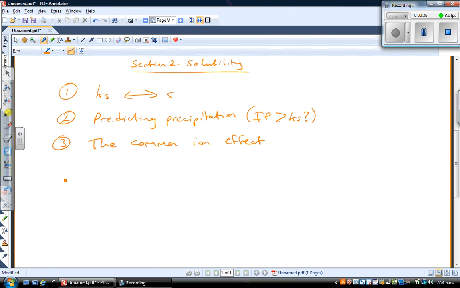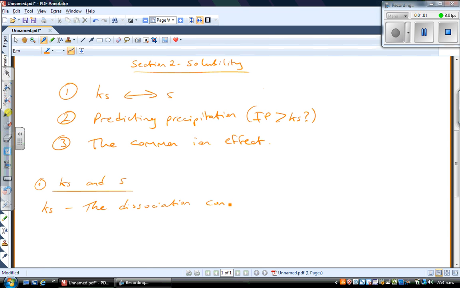So if we just start off with some definitions for Ks and S. So section 1, Ks and S. Well, Ks is known as the dissociation constant for a sparingly soluble ionic compound. So Ks is the dissociation constant. Dissociation. So we're talking about dissociation as opposed to a reaction here. The salt, ionic salt, simply dissolves in water.